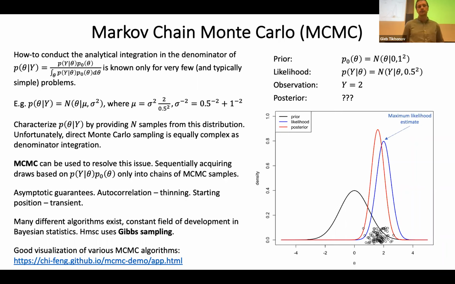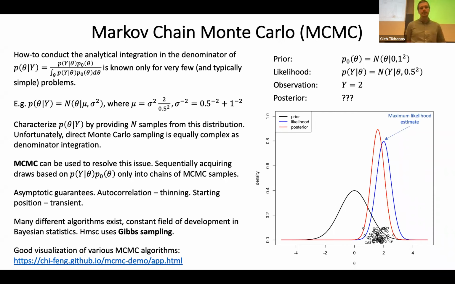And therefore, if we have enough of them, we can calculate certain quantities derived from the distribution using these samples only. Unfortunately, directly sampling using Monte Carlo techniques from such posterior distributions is generally equally complex as computing the integral in the denominator.